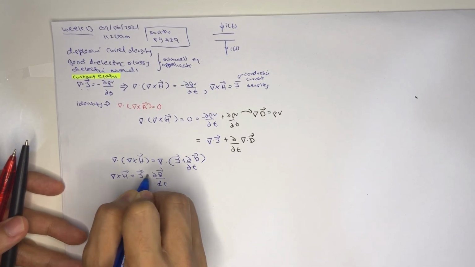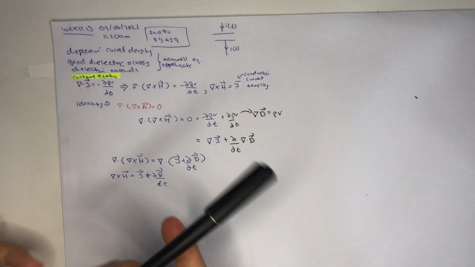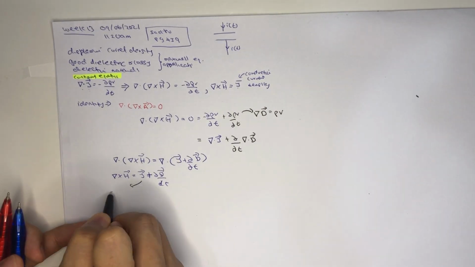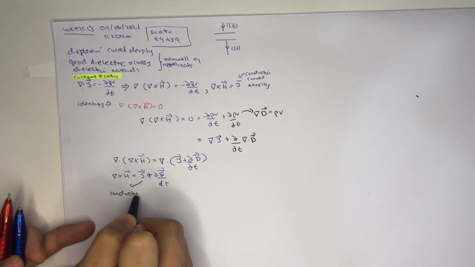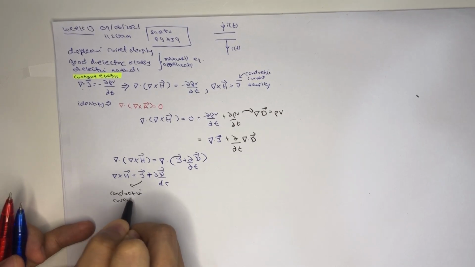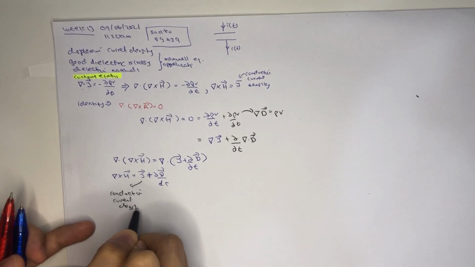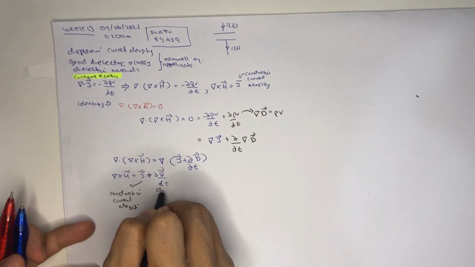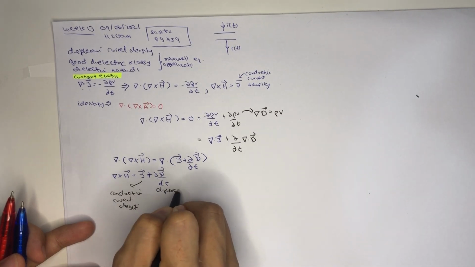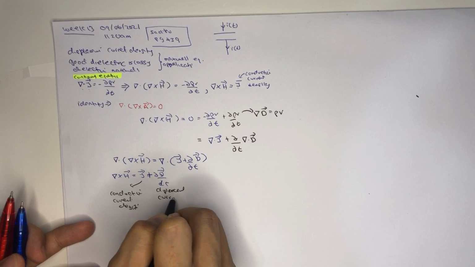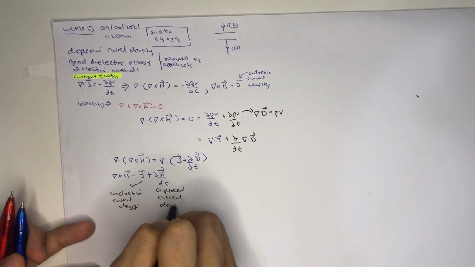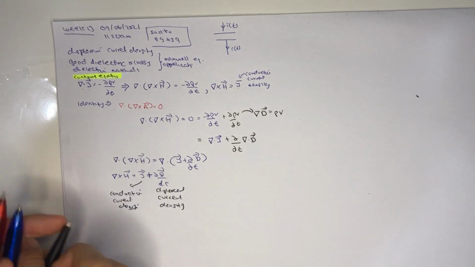This one is the conduction current density, and this one is the displacement current density.